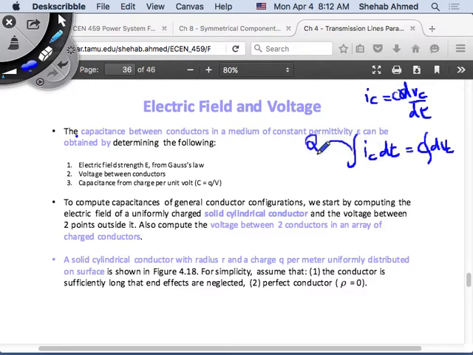So the integration of current is charge, and the summation of the voltage increases across the capacitor will result in the final voltage across the capacitor, which is V. So this is C and this is Q. So C is equal to Q over V. If you're able to calculate the voltage between the 2 plates of the capacitor, and you know the charge that is deposited on the plates based on the current that you're pushing through the capacitor to charge it, then you should be able to calculate capacitance.